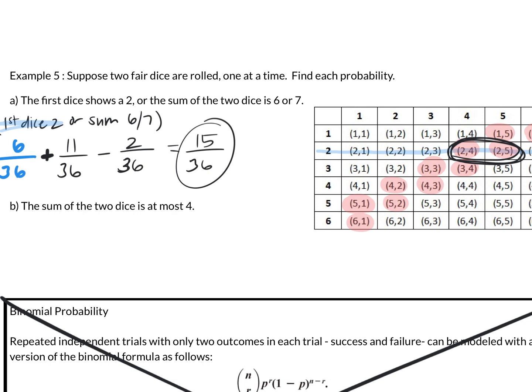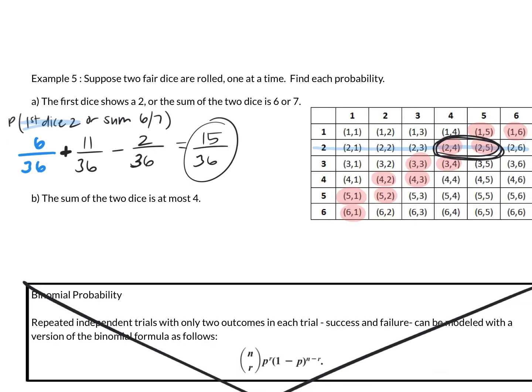What about the sum of 2 dice is at most 4? The sum of the dice is at most 4. So that means it could be the sum of 2, 3, or 4. How many options are there in my table here that give me that?